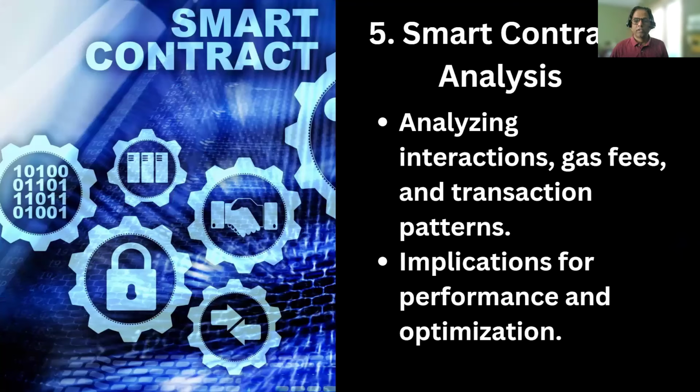And then the next one is smart contract analysis. In the smart contract analysis, make sure you can collect the data from the blockchain application and identify the different time periods your users are interacting, the gas fees, and the number of transactions. Say, for example, you are running a marketing campaign for 2 weeks.